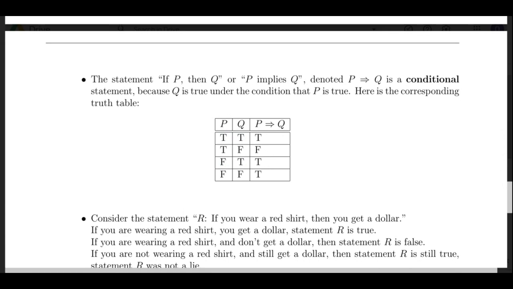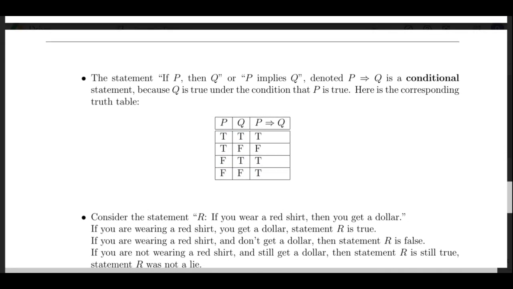It does not depend on P. So P implies Q is true. And then if P is false and Q is false, P implies Q is also true. This logic may feel a little bit weird in the beginning, but if we do a couple of examples, we'll get used to it.